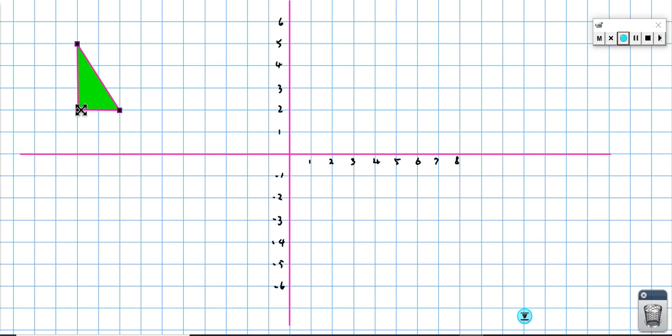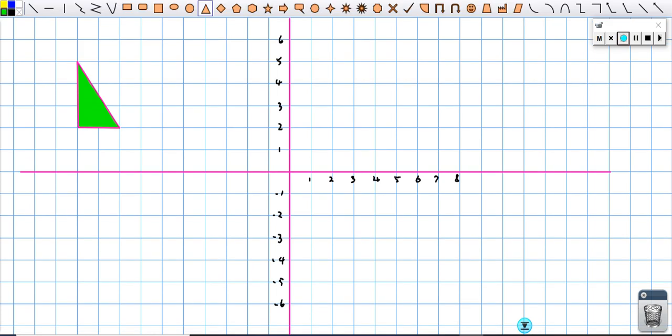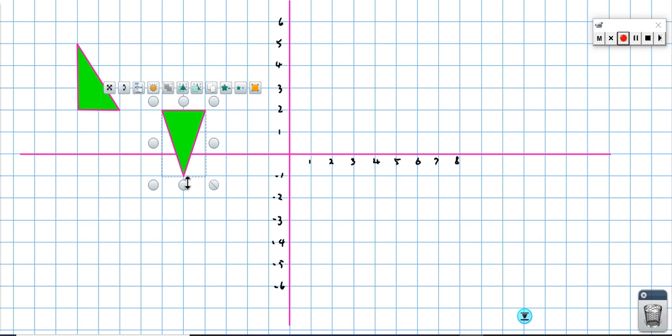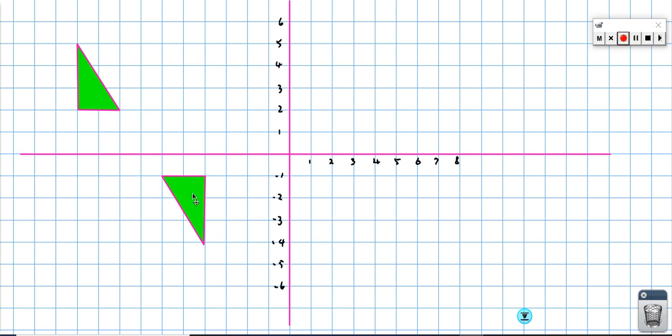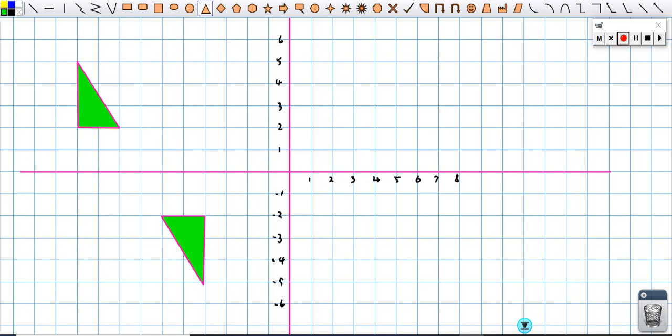We've got a triangle. This triangle is going to be rotated. Okay, this is the first rotation. Then we have another rotation.